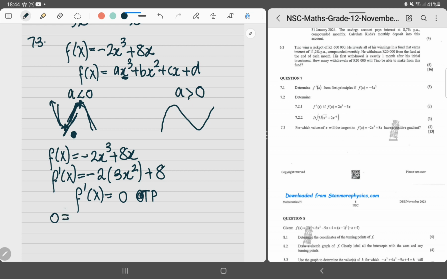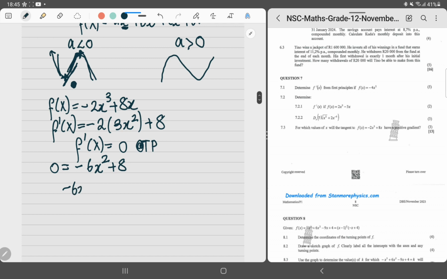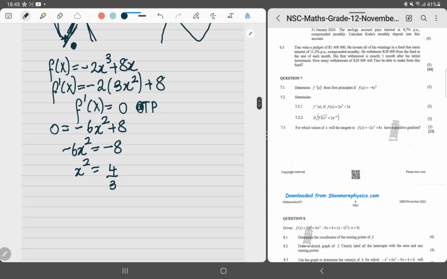So 0 should be equal to negative 6x squared plus 8. So I'm getting x squared equal to 4 over 3.